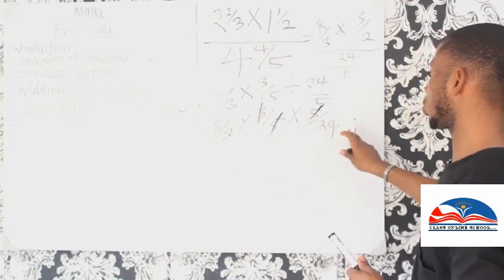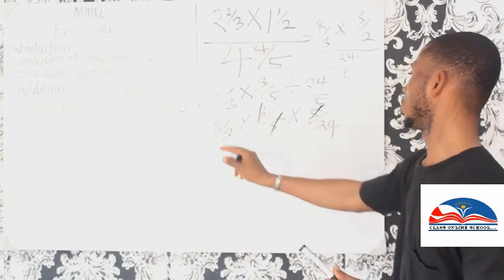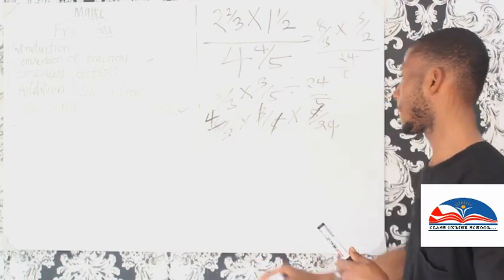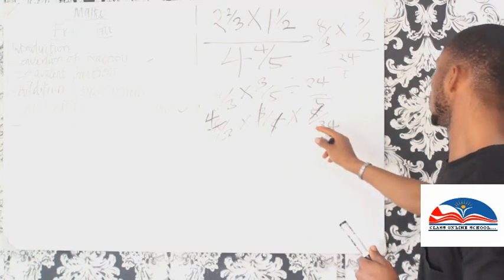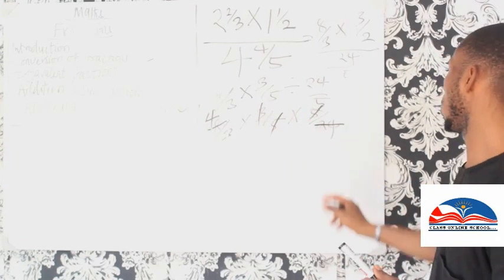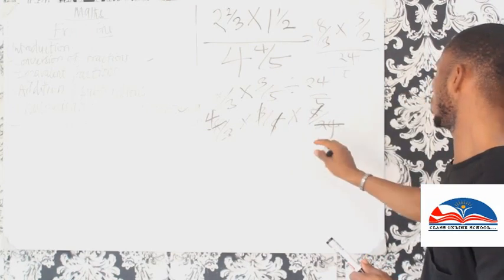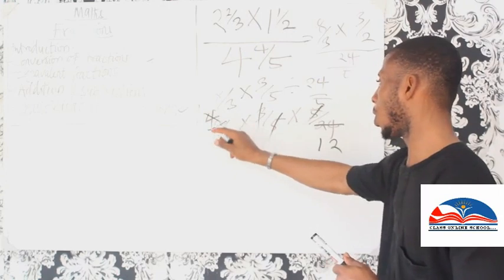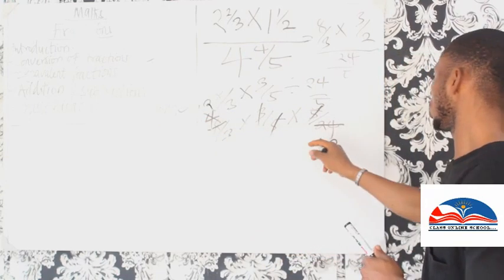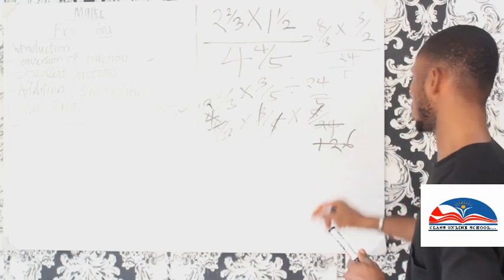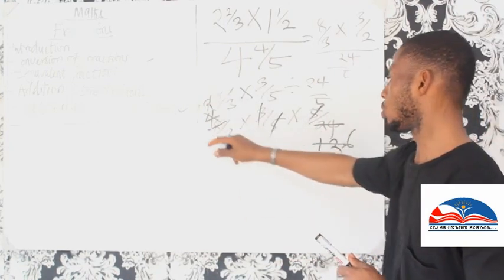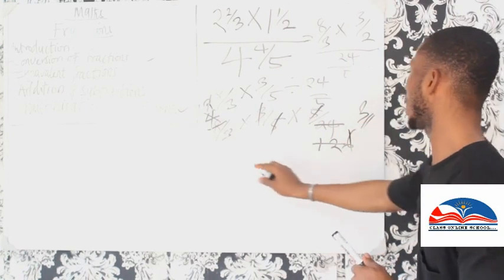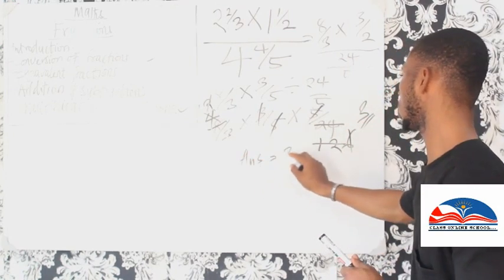Even 8 and 24: 2 into 8 will give you 4. 2 into 24 will give you 12. 2 into 4 will give you 2. 2 into 12 will give you 6. 2 into 6 give you 3. So the answer is equal to 3.